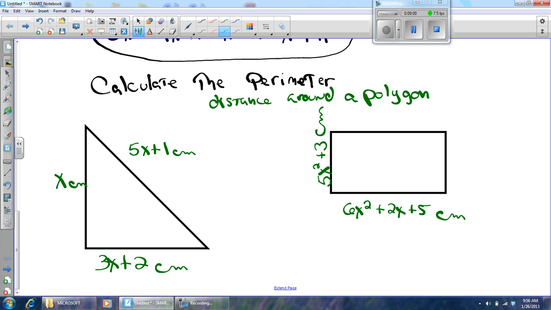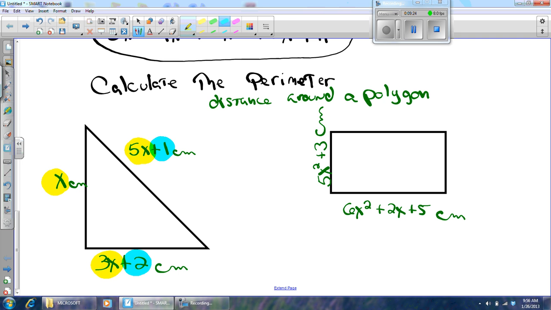Okay, so we're going to calculate the perimeter. Now, this is the same problem as the ones we just did. It's just as easy. Look at right here, I have an x, don't I? And here I have a 5x, and here I have 3x, right? And then right here I have a constant of a positive 1 and a constant of a positive 2.